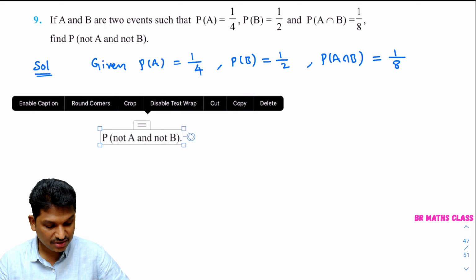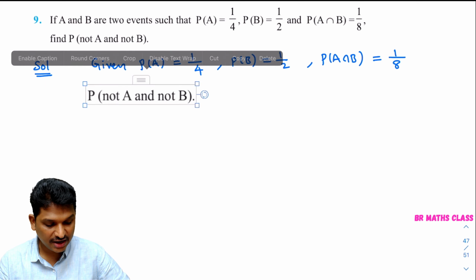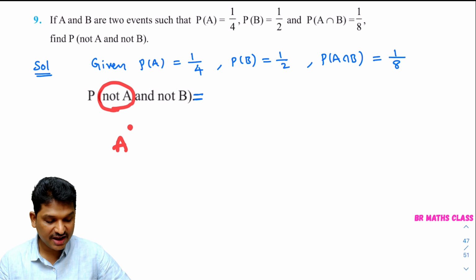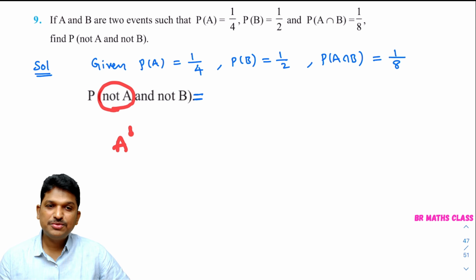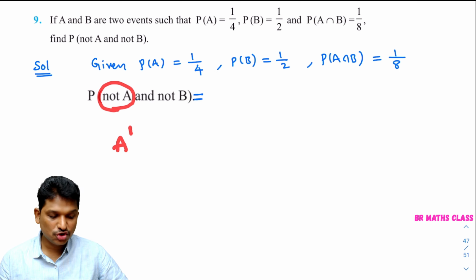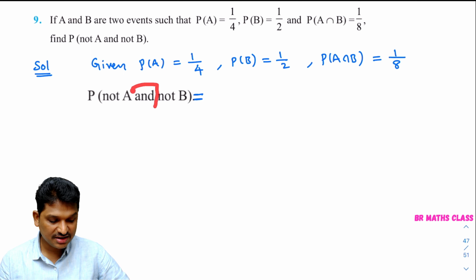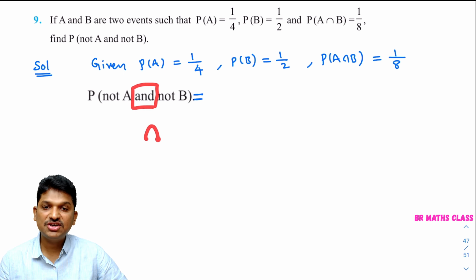They are asking us to calculate probability of not A and not B. You learned this in the sets chapter. Not A means A dash, complement of A. Not B means B dash. In the sets chapter, 'and' indicates intersection, 'or' indicates union.